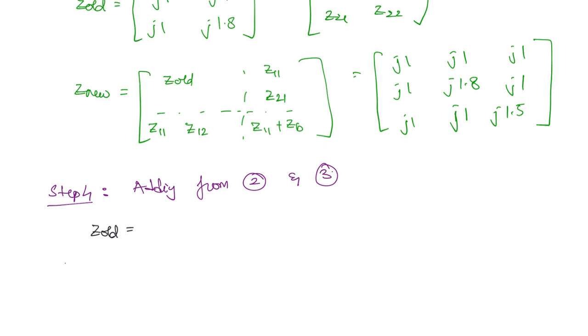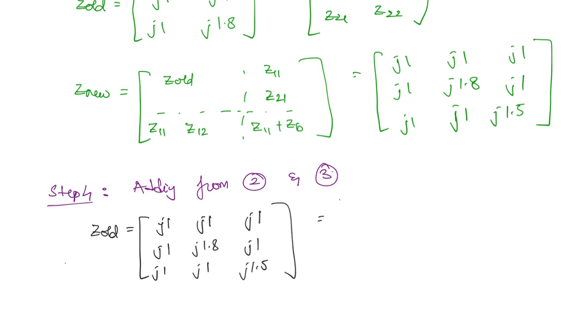So old matrix will be whichever we found in the previous step. So this is going to be j1, j1, j1, j1.8, j1, j1.5. So here it is better to name these. So Z11, Z12, Z13. Similarly, you can name the rest of the elements, right? Z32 and Z33.